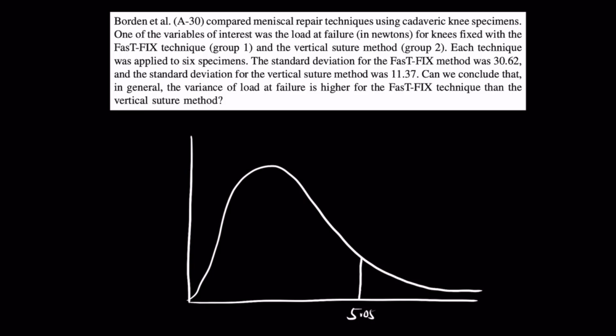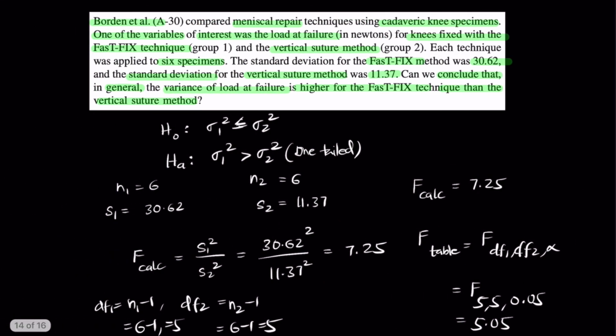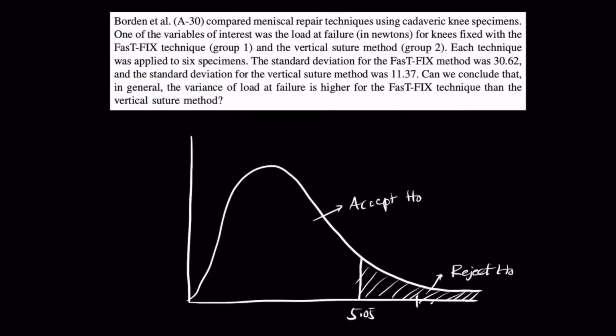Remember that this is a one-tail test, so anything to the right of it has to be the rejection region. This is the reject H0 region, and this is the accept H0 region. The value that we got is 7.25, which is somewhere here, which means that it is in the reject H0 region.